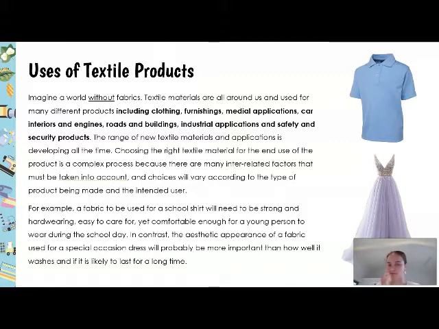For example, a fabric to be used for a school shirt will need to be strong and hard-wearing, easy to care for, yet comfortable enough for a young person to wear during the school day. In contrast, the aesthetic appearance of a fabric used for a special occasion dress will probably be more important than how well it washes and if it is likely to last for a long time. So you're comparing two completely different products there.